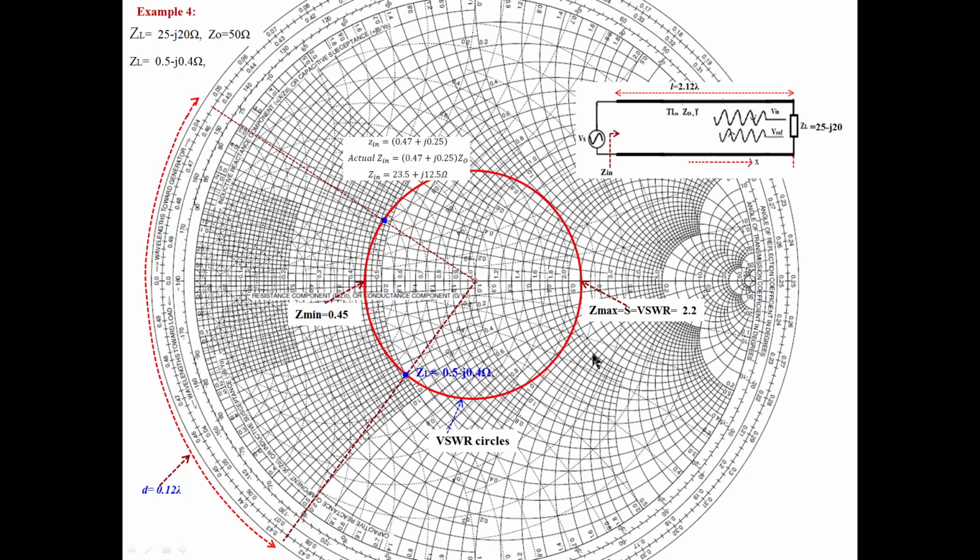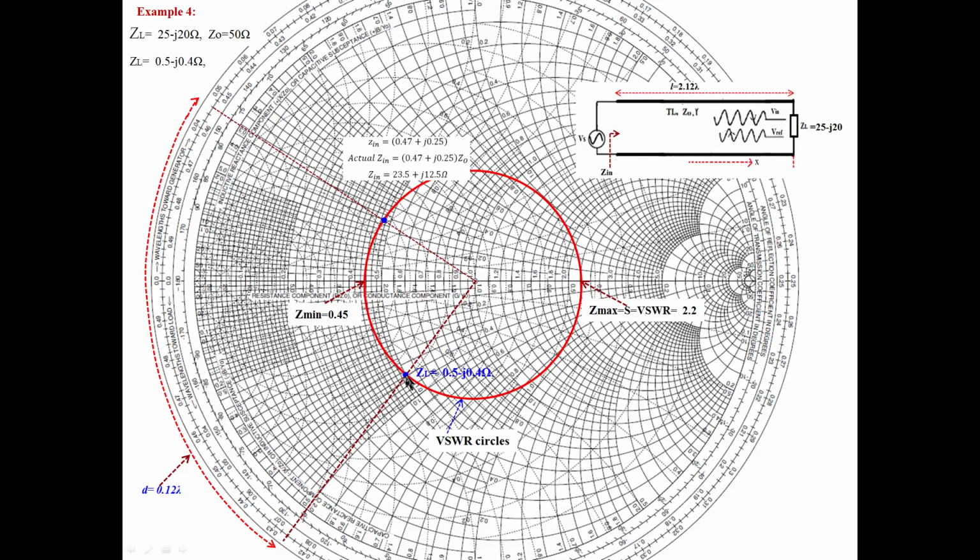So if we complete four rotations, we have traveled a distance of 2 lambda.